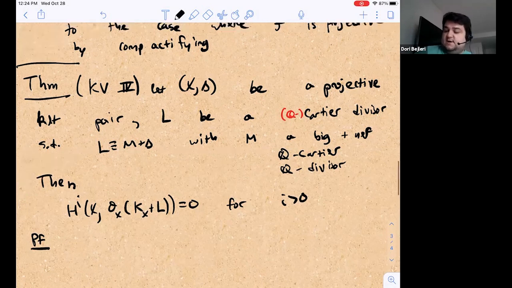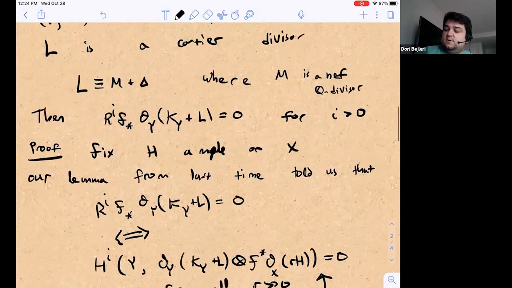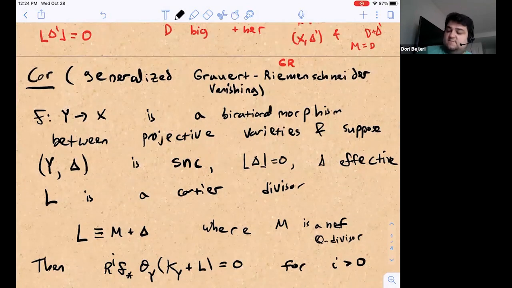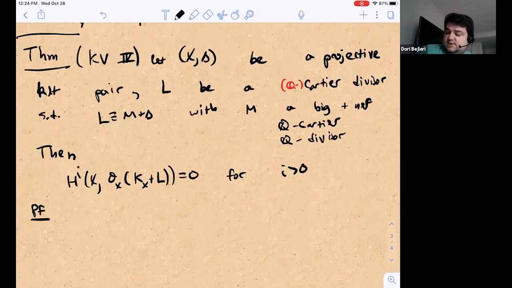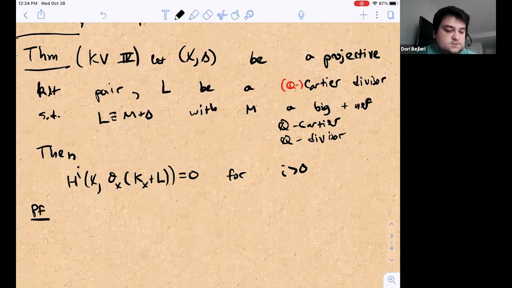The same idea is here. We needed to first prove this generalized Grauert-Riemenschneider vanishing, so that we can understand how to reduce this vanishing to a resolution. So we need to understand the push forwards. But it's essentially the same argument at that point.